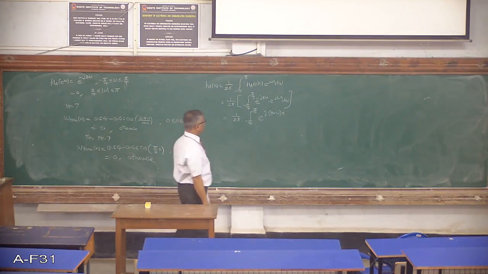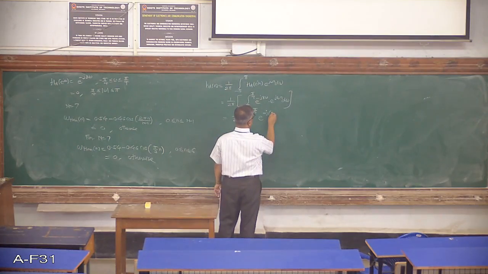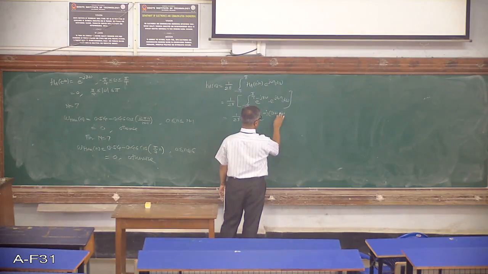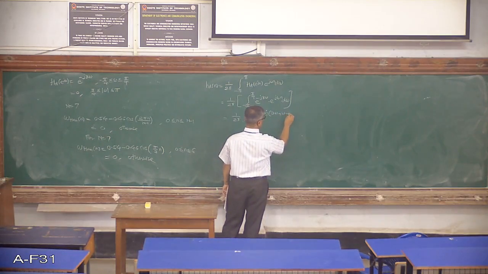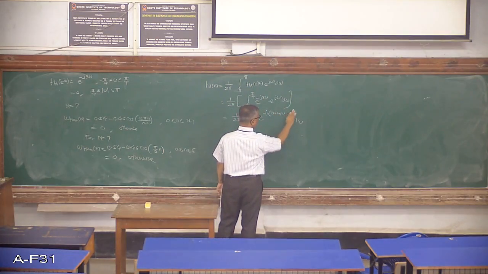Any mistake I did? I think this is not properly written. If I take minus j outside, I get 3 minus omega n. Because if I open the bracket, I get e to the power minus j3 omega, then e to the power j omega n. So n I can take out.